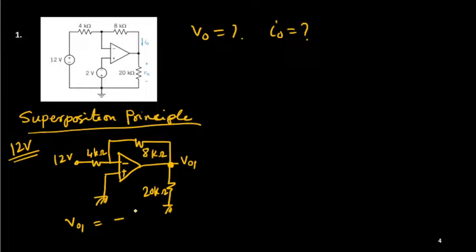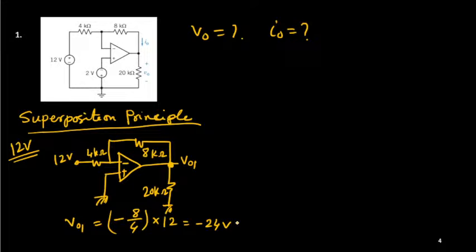So minus 8 by 4, this is the gain, multiplied by the supply voltage, that is 12 volt. So this is 2, and it is minus 24. So V01 is minus 24 volt.